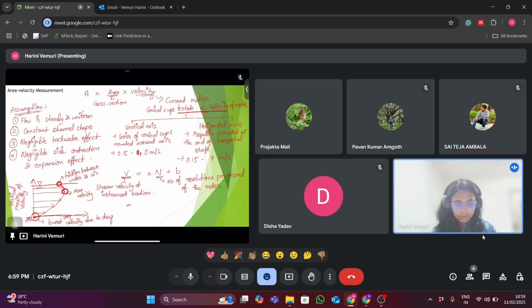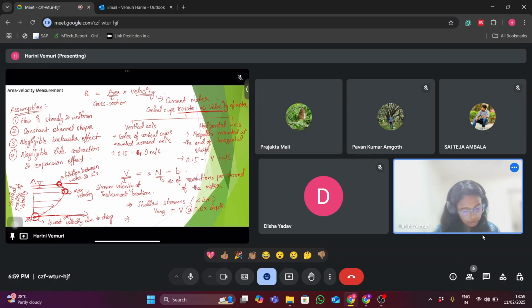So in case of shallow rivers, that is when the depth of the stream is less than 3 meters, we calculate average velocity as equal to the velocity that is measured at 0.6 times the depth of flow below the surface.